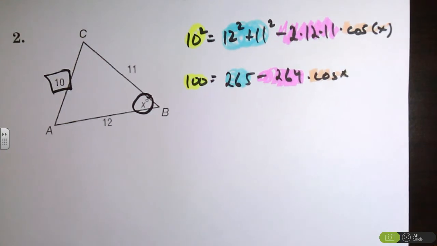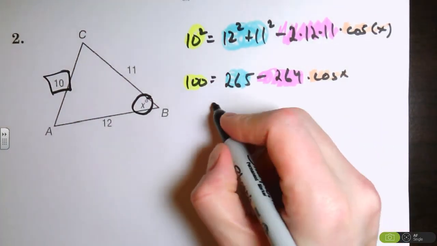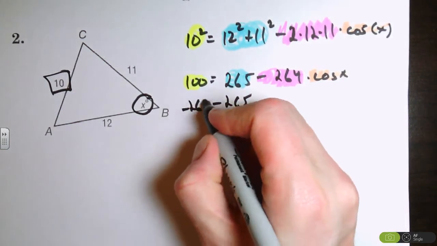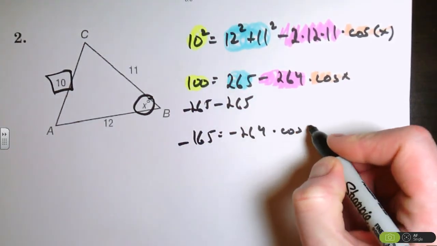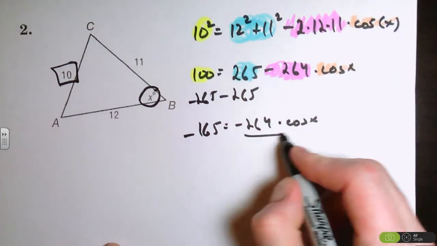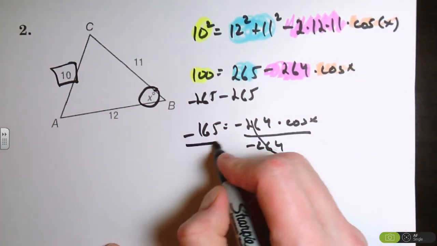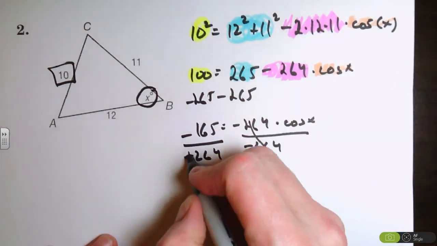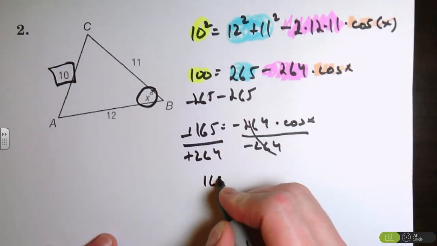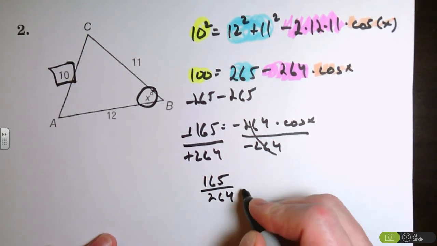So in order to do that, the first thing I have to do is subtract 265 from both sides. And then I have to divide by negative 264 to cancel it off. And then I'm just going to leave it. I'll cancel the negatives, but it'll be 165 over 264.